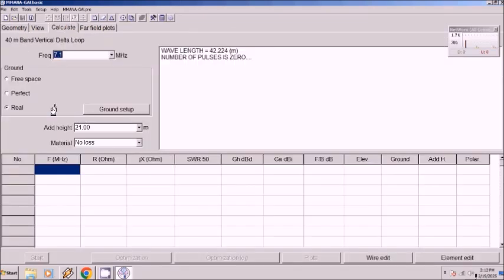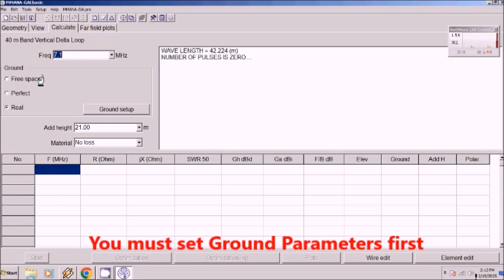We have to set the ground characteristic. The ground is not going to be free space. The antenna, where it's going to be placed, is for sure not going to be free space. Free space is without buildings or trees surrounding it.